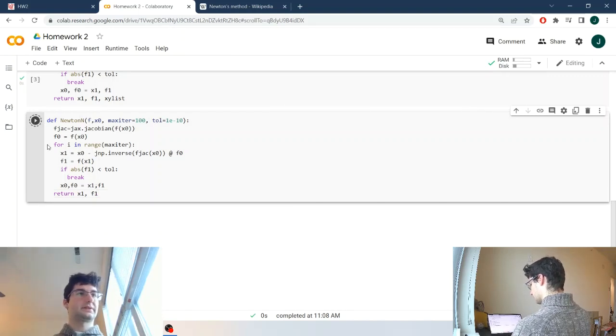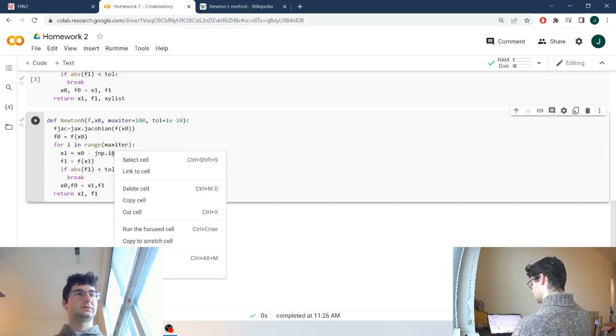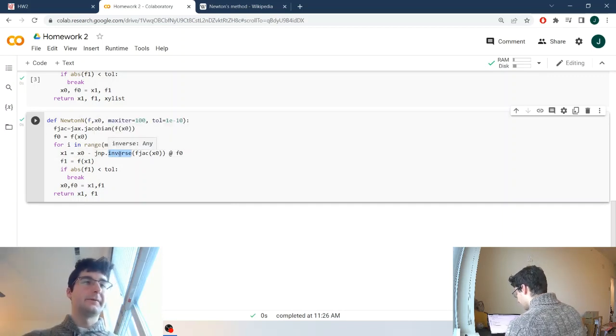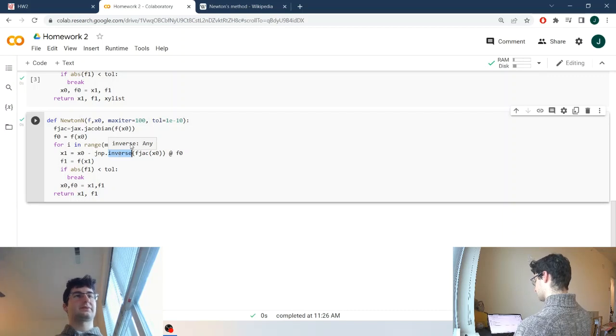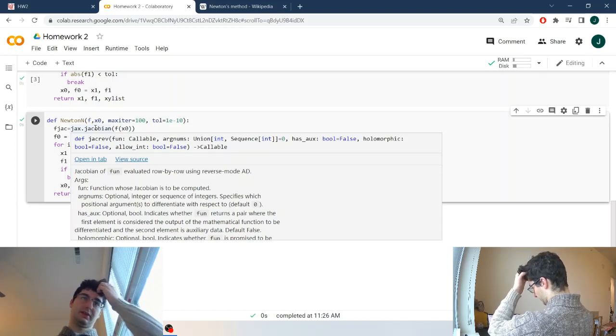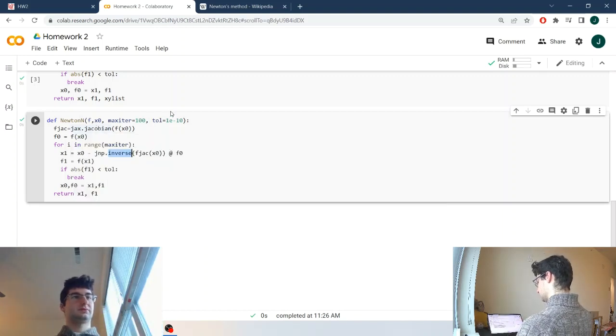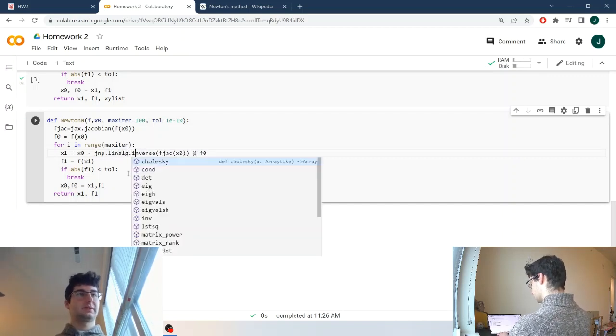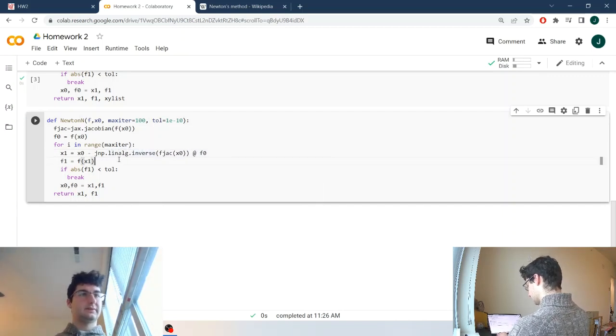Let's see if that runs. It ran, but normally when you use one of these, it'll tell you what's going on, like highlighting this Jacobian. So that tells me that I probably have this wrong. So you might have to use dot, and now dot in.